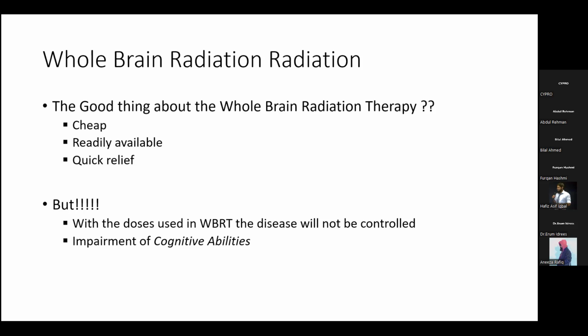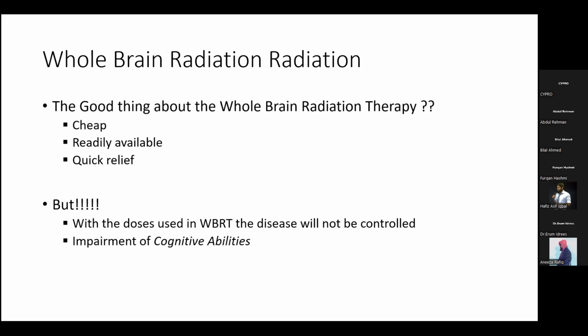But the issue with whole brain radiation therapy is that the doses we use, like 30 Gy in 10 fractions or 20 Gy in 5 fractions, are not sufficient to control the disease. Patients are going to progress in 3, 4, 5 months, except in certain histologies which are quite sensitive, like germ cell tumor and small cell lung cancer.